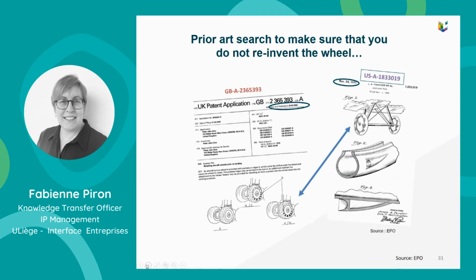And then he found a US patent that you can see on the right side of this slide, the first page. It is a US patent that was granted. You see the double code, the country code of this patent. And this patent was filed in 1929.